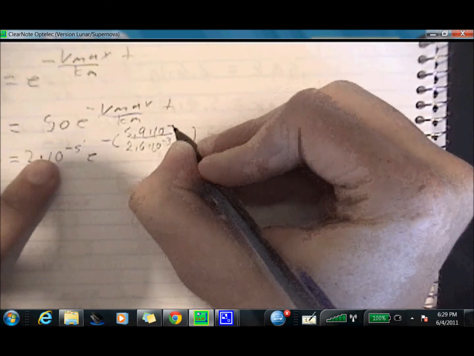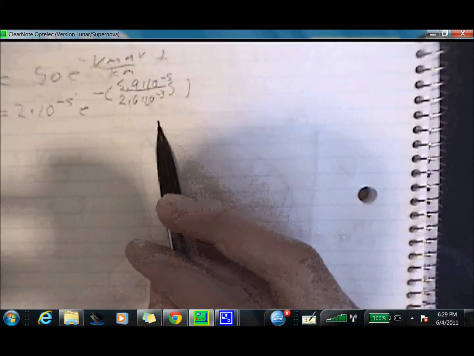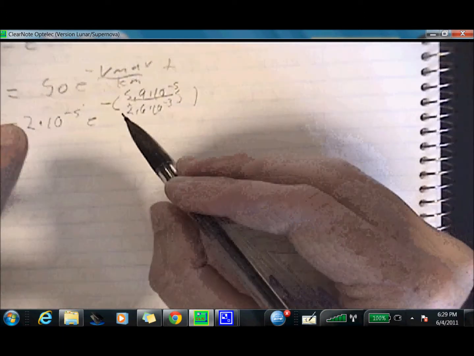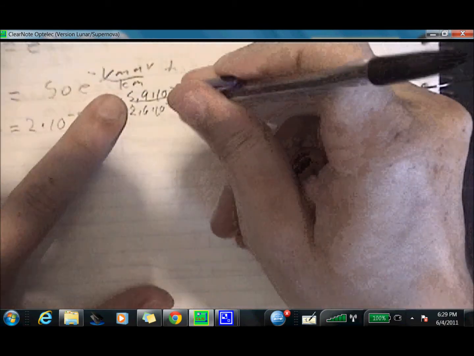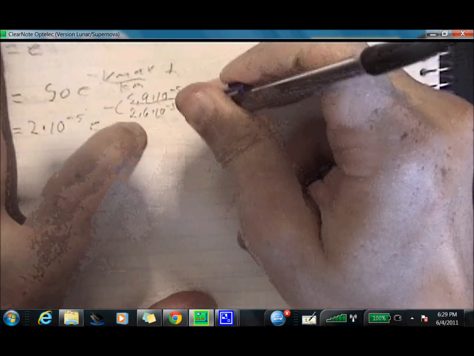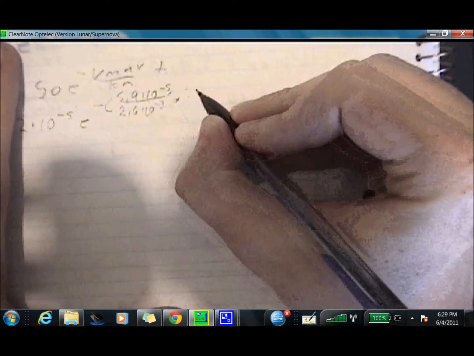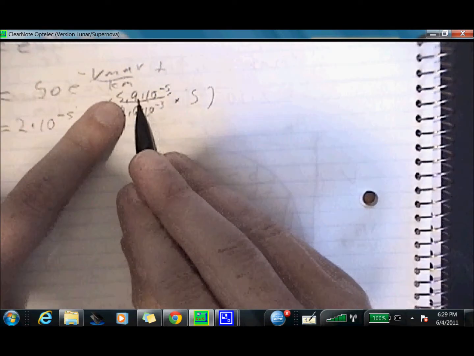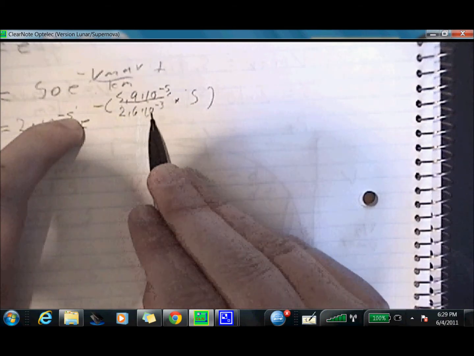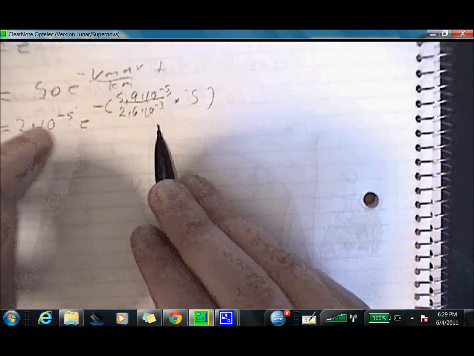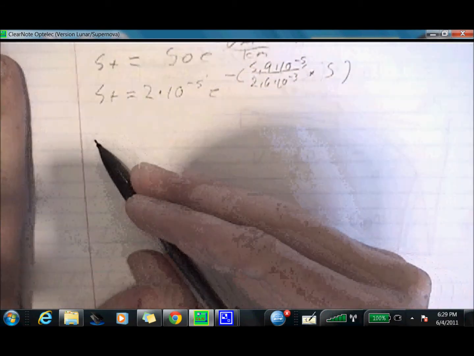It's a lot of shadow, sorry about this. But basically this is negative 5.9 times 10 to the negative fifth divided by 2.6 times 10 to the negative third times 5. And that's going to give us our St.